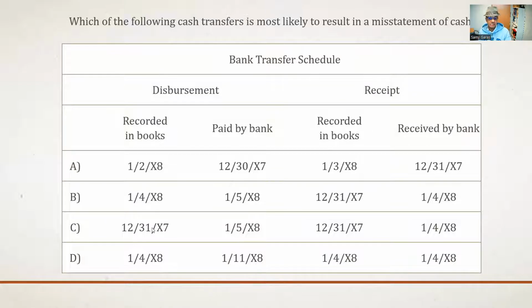Now let us look at C. Here the payment and the receipt are in 2007 in the books, and the payment and the receipt in the bank are in 2008, similar to A, so there are no changes. D, the payment and the receipt in 2008, and the payment and the receipt in the bank in 2008, so there is no problem here. So the answer should be B.